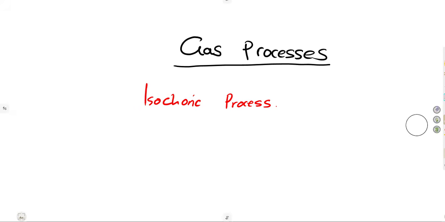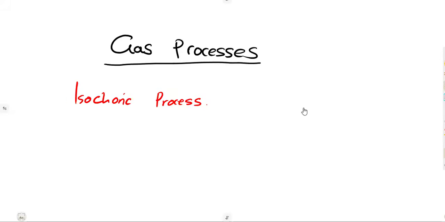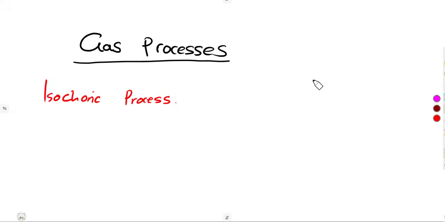So I'm just going to quickly go through the processes that we need to consider in our syllabus. There are actually so many processes that you're going to be having, but in our syllabus for engineering science N4, we're just going to consider three basic gas processes, just three basic.